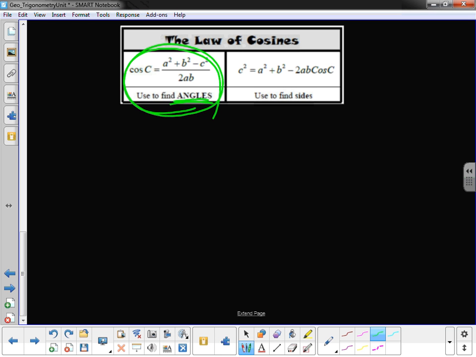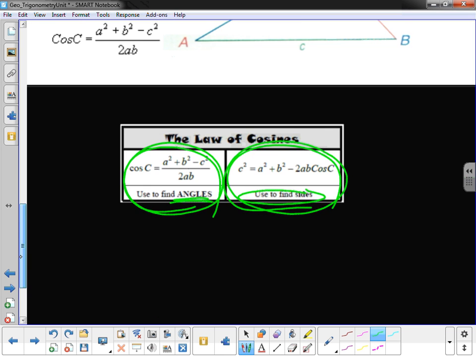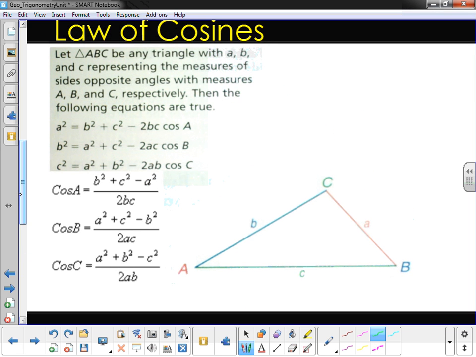Where if I'm trying to figure out what the side is, I'm using the side formulas. That's the great thing about the law of cosines: what I want to find, I isolate on the left. Everything on the right should then have a number in every one of those spots. That's the cool part about the law of cosines.